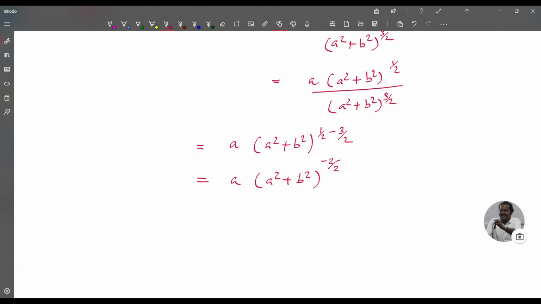So this is a into a square plus b square the whole raised to minus 1. This implies kappa is equal to a by a square plus b square. So kappa is a by a square plus b square.